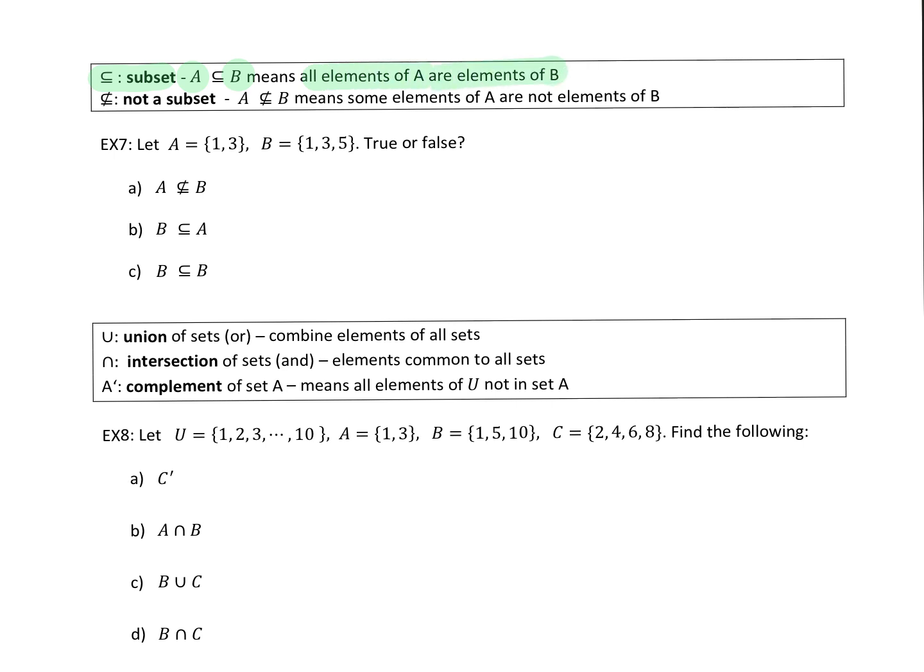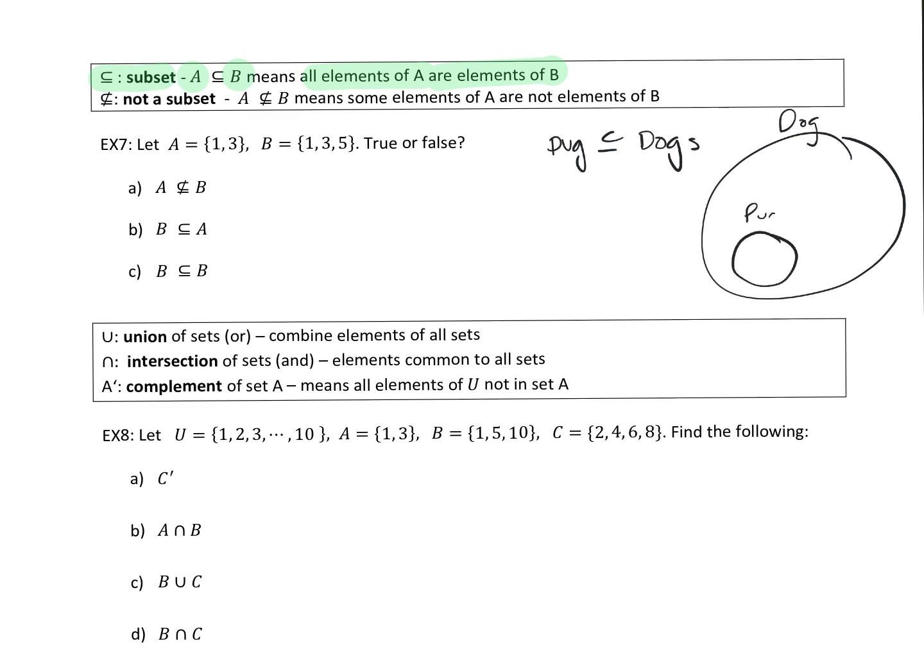Well, pretend A is a pug, like the dog pug, and a pug is a subset of all dogs, right? So we'd have the collection of all possible dogs in the world, golden retrievers, poodles, and so on, and pugs are an element of it. All pugs are dogs, but not all of the dogs are pugs, and that would be a subset.